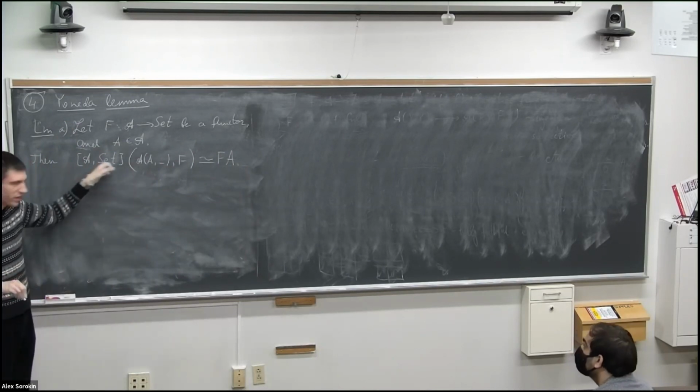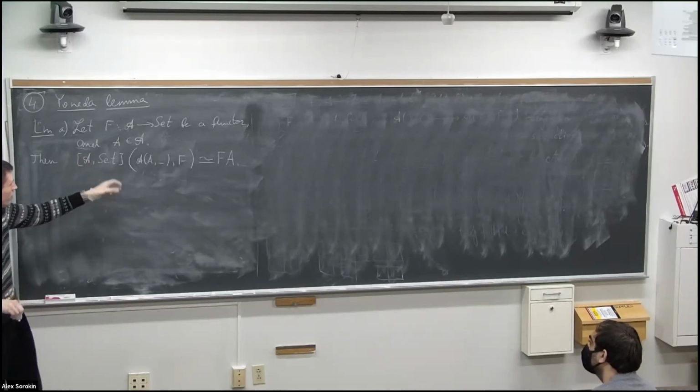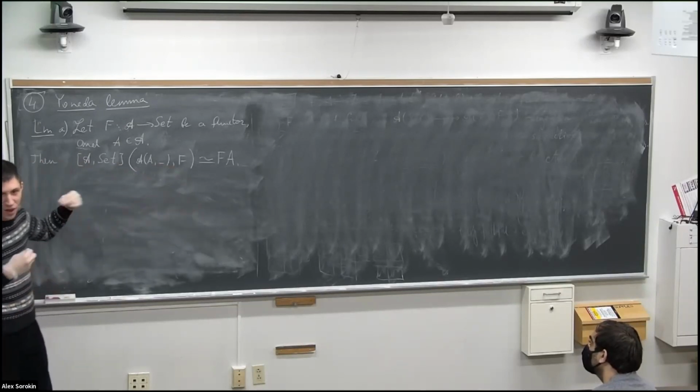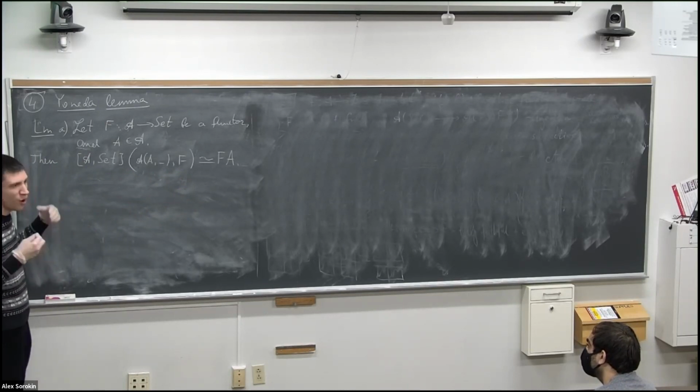Usually in a book you will see natural transformations of these functors, but now we know that natural transformations are hom sets of a functor category.